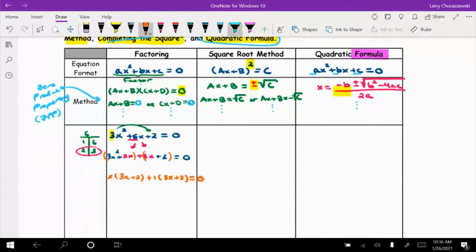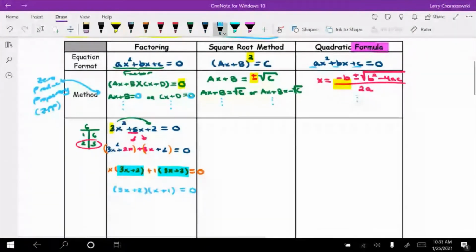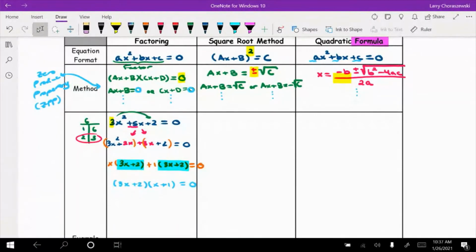And remember, with factor by grouping, we're hoping that the remaining expression after the GCFs are pulled out match. In this case, they do. So I'll just write one copy of 3x plus 2 and one copy of x plus 1 equals 0. If you look at the format of the equation, it's the same format that we have right here.